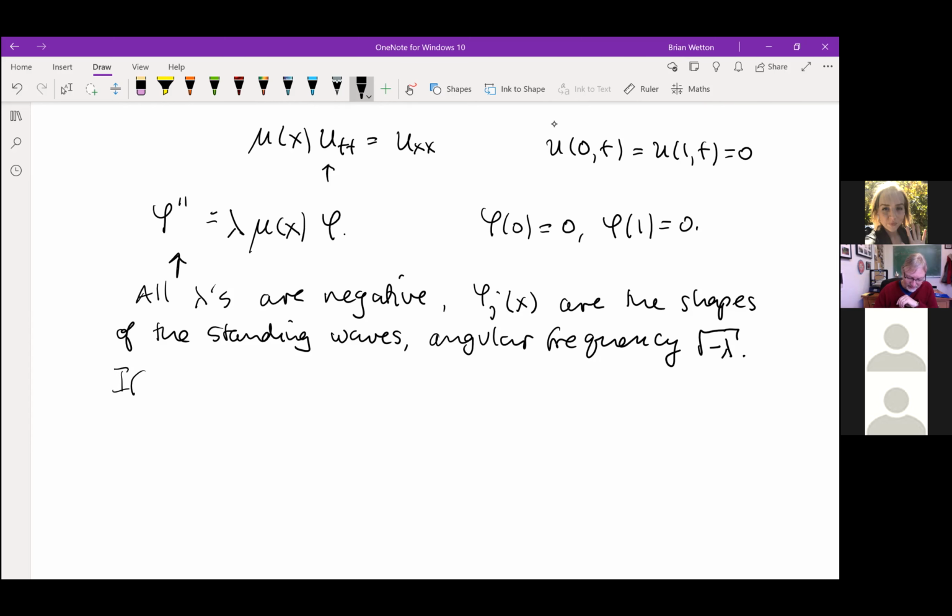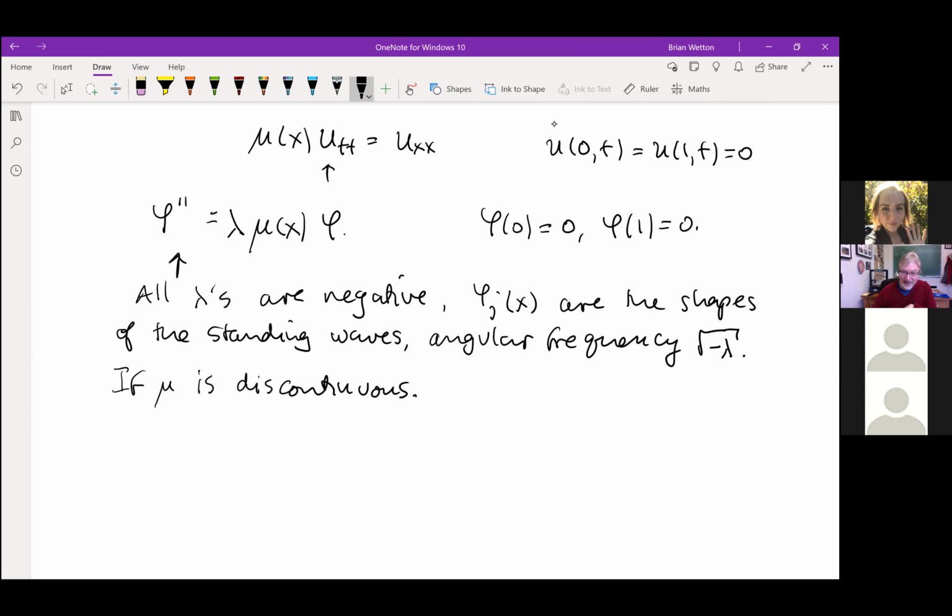This is, in fact, why I did the modeling work rather than just say, here's the wave equation. So if you've got a case where mu is discontinuous, remember for the heat equation, some of the coefficients when they were discontinuous, there's different things that can come out with the junction conditions that happen there.